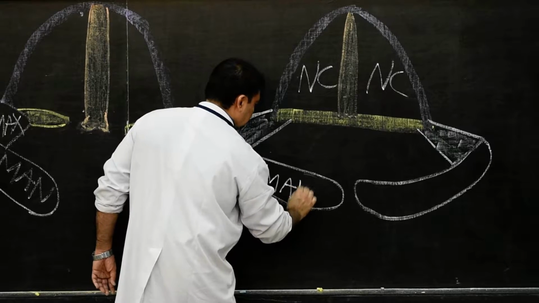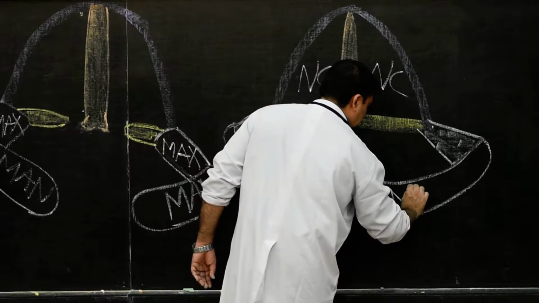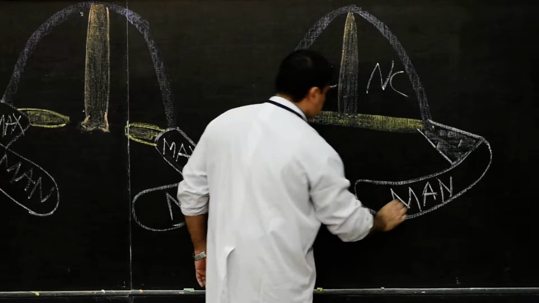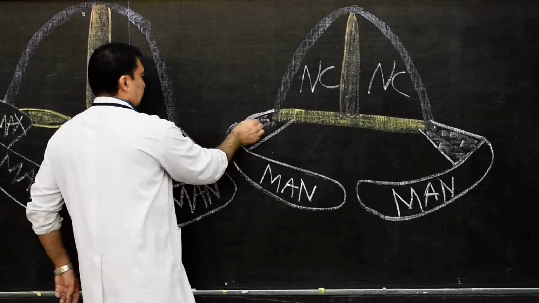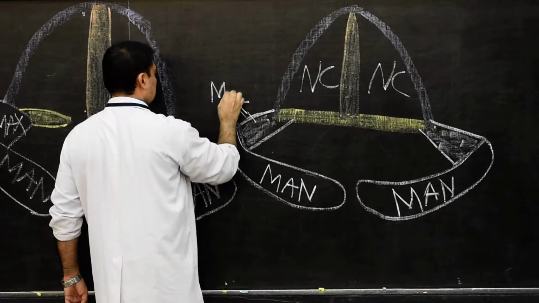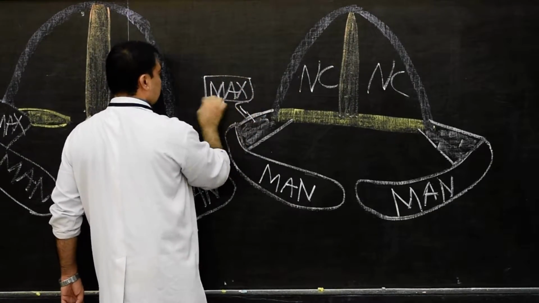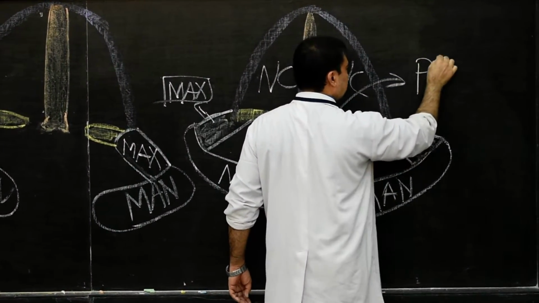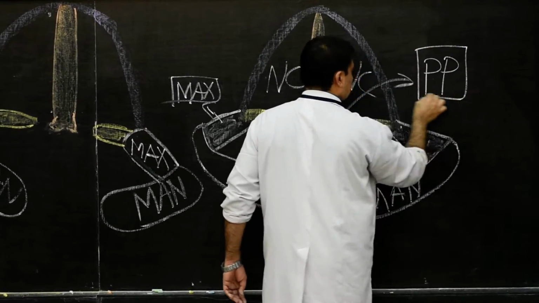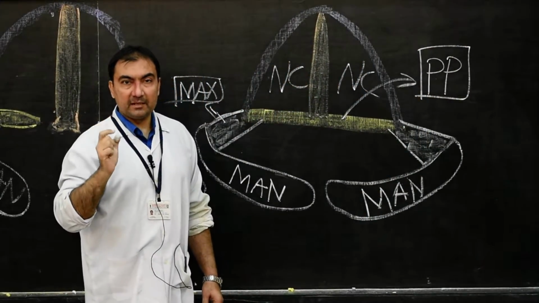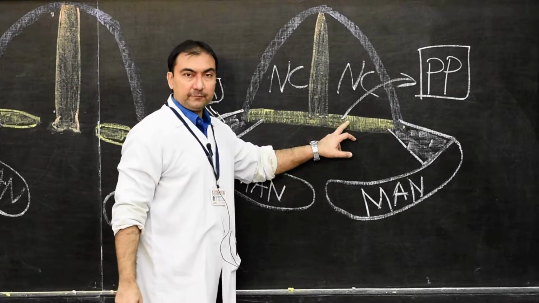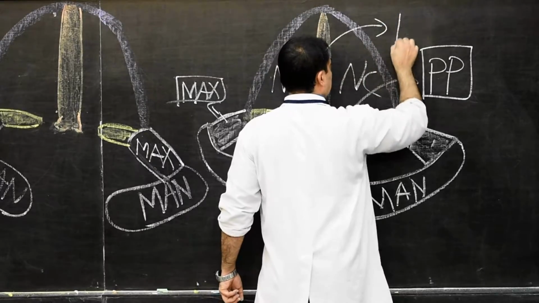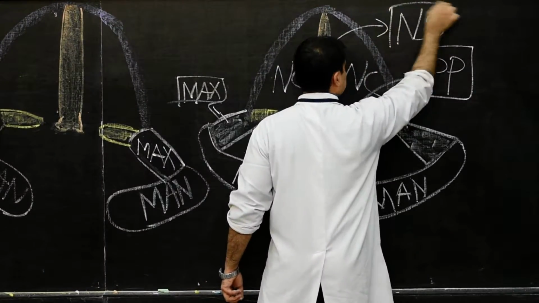We will complete this diagram, mandibular, and we know that these mandibular processes will fuse with each other. Maxillary. And this yellow, we will show it as development of permanent palate. This will be permanent palate. The two palatine process of maxilla fused with each other. And this will be known as now nasal septum.